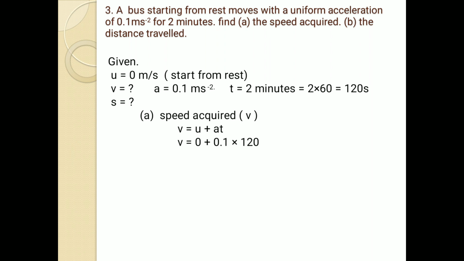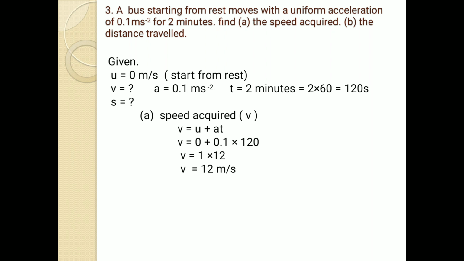So 120 seconds is the time. So further if you simplify 0.1 into 120, if you multiply here by 10 you can remove the decimal. So 0.1 becomes 1. So 1 into 12. So 1 into 12 is 12 meter per second. So 12 meter per second is the final velocity.